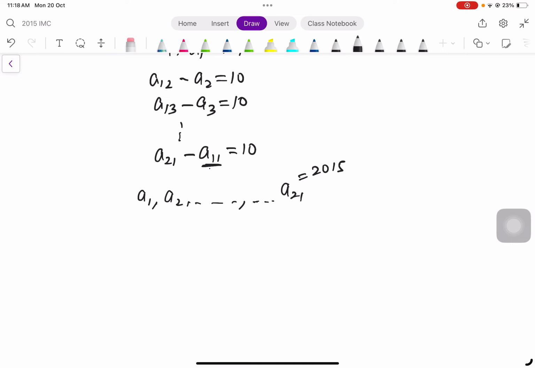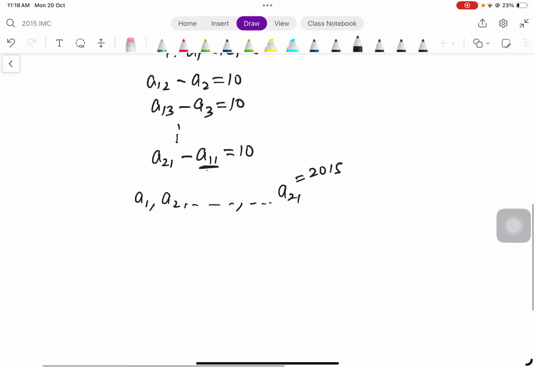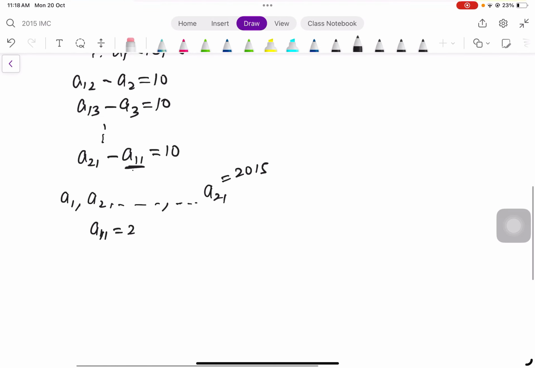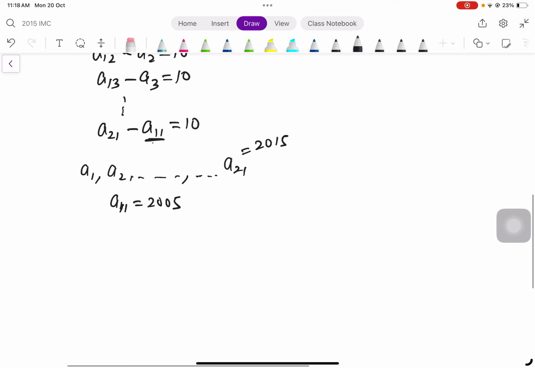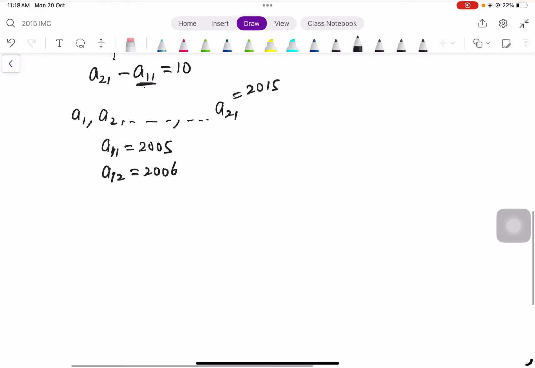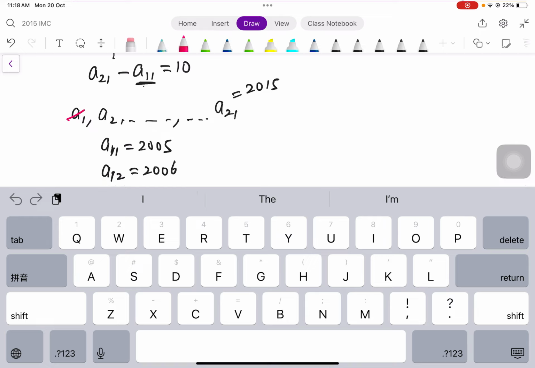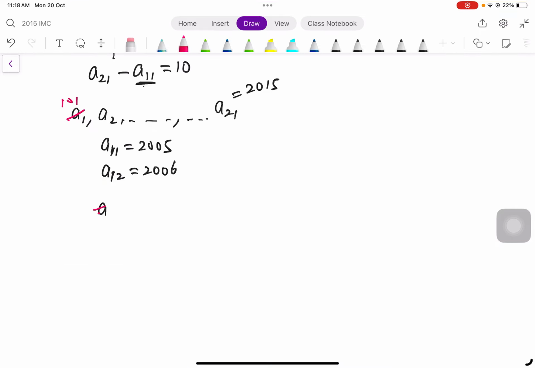A11 would be 2015 minus 10, therefore A11 is 2005. And then you can see that A12 is 2006. Therefore, the sequence looks like this. Don't forget, A1 is 101.